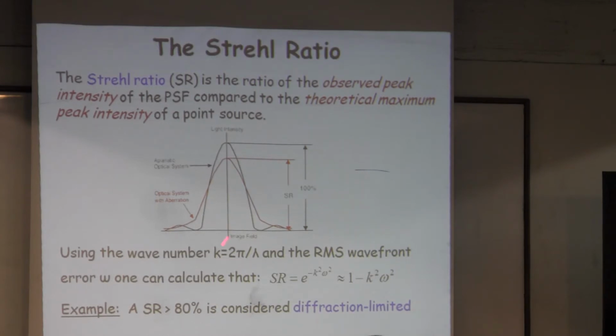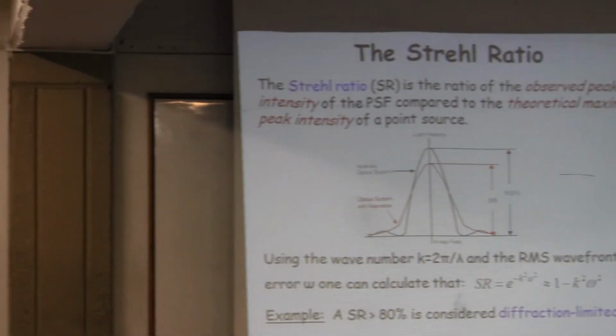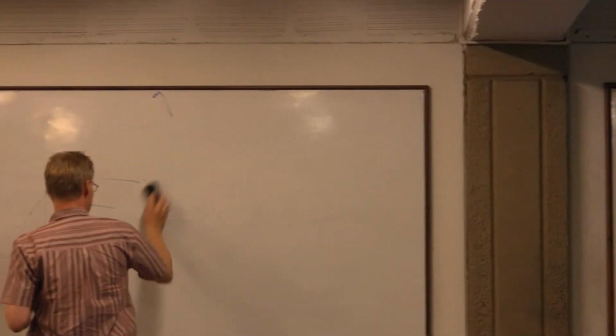Meaning that, well, it would be better. You get only half of the light possible, ideally, in the central part. And maybe that's an interesting comparison: if you're comparing to seeing limited imaging from large telescopes, you can always compare things.